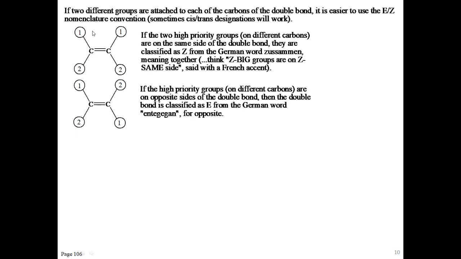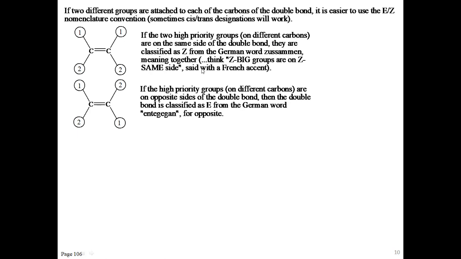If the 2 priority-one groups are on the same side of the double bond, we're going to call that Z. It comes from a German word, zusammen. Some people say, oh, look, it sort of has 'same' in the middle. But how would you ever know that? Nobody even remembers the word zusammen. So what I suggest is what I overheard: Z big groups are on Z same side.